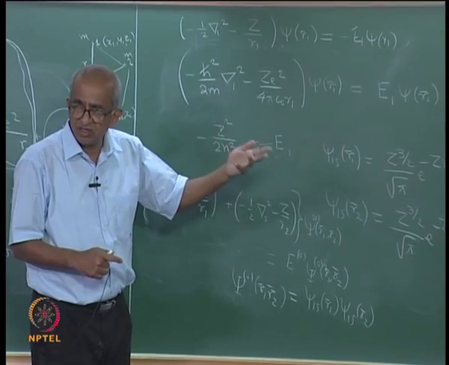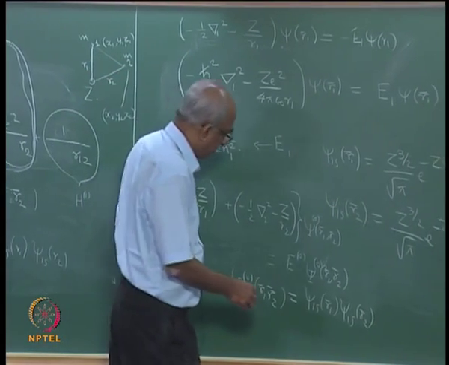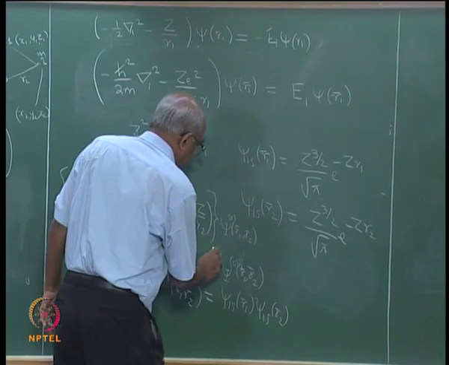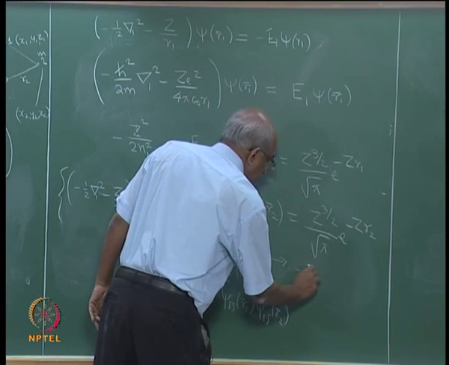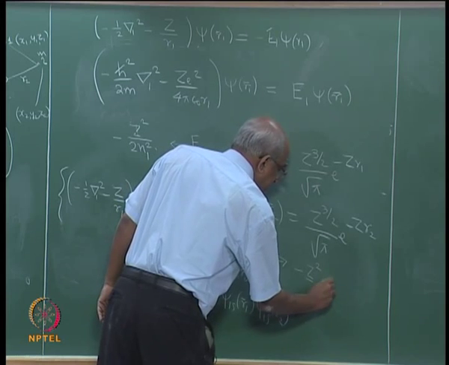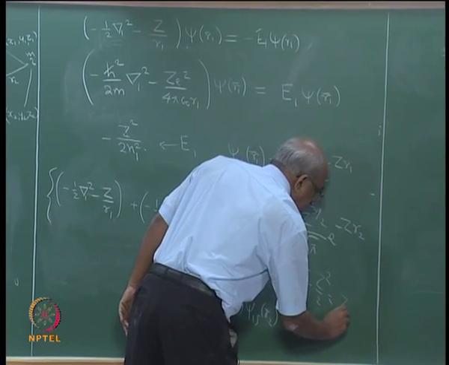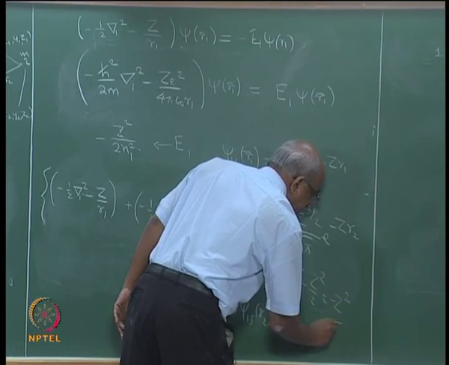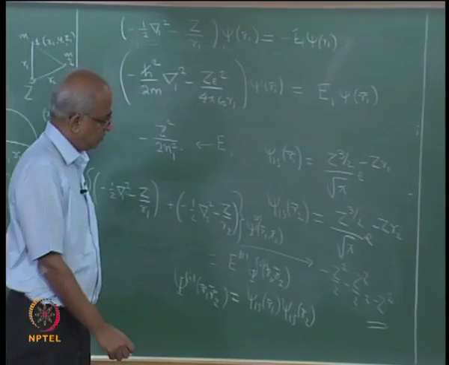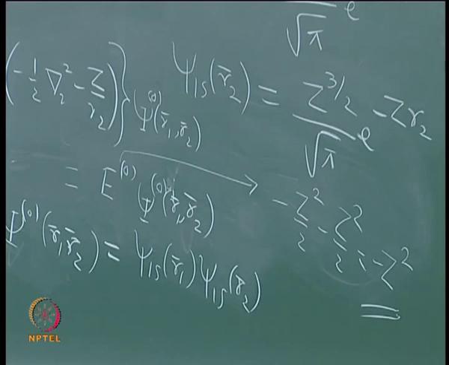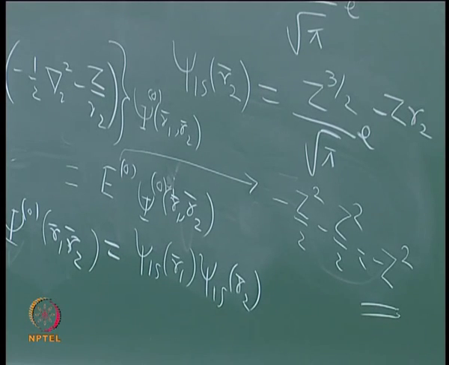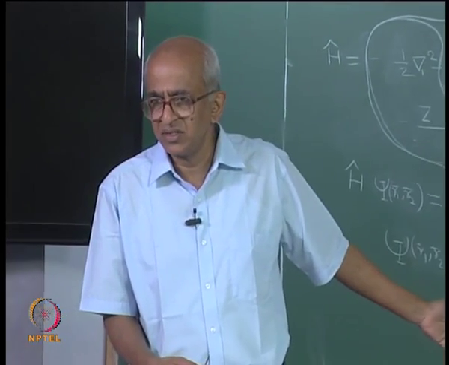The energy of the second electron will also be the same, so E0 will be minus Z square by 2 minus Z square by 2, which is equal to minus Z square. So if you neglect the electron repulsion, the energy of the system is simply minus Z square.